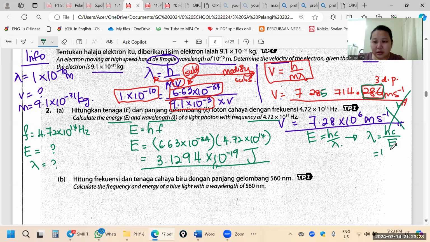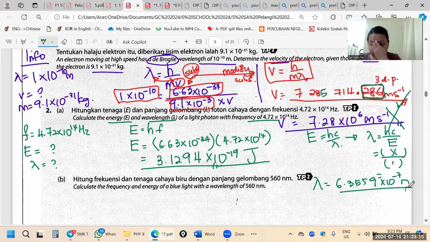Then I substitute. I'll get lambda equals 6.3559 times 10 raised to negative 7 meters.